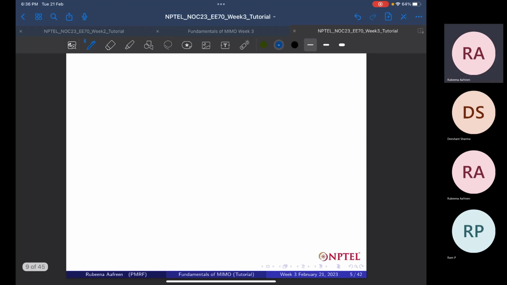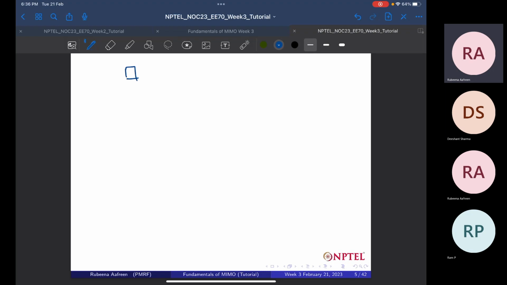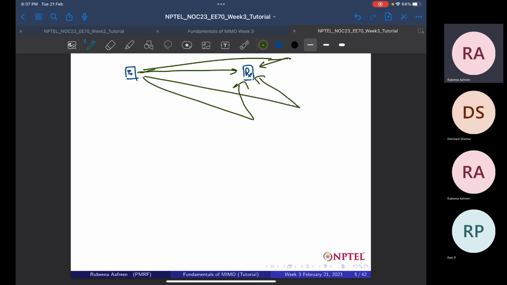So now suppose that we have a transmitter, we have a receiver. Signals will be going after multiple reflections from the transmitter to the receiver, right? So suppose the signal is taking time τ1, another signal is taking τ2, τ3, likewise another signal is taking time τ_n.